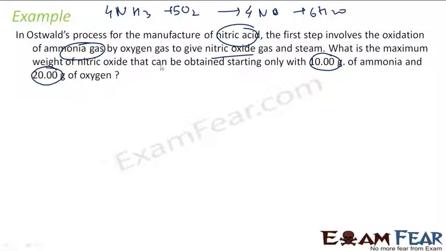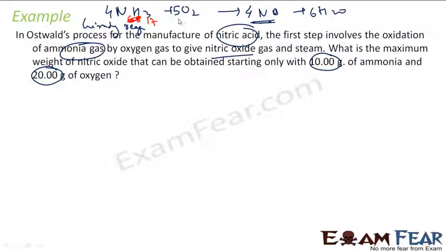So this is more of a question of limiting reagent, because out of 20 and 10 gram, one will get consumed first. The one that gets consumed first will decide the amount of NO, right? So NH3, if you find the atomic mass, 14 plus 3, it is 17.